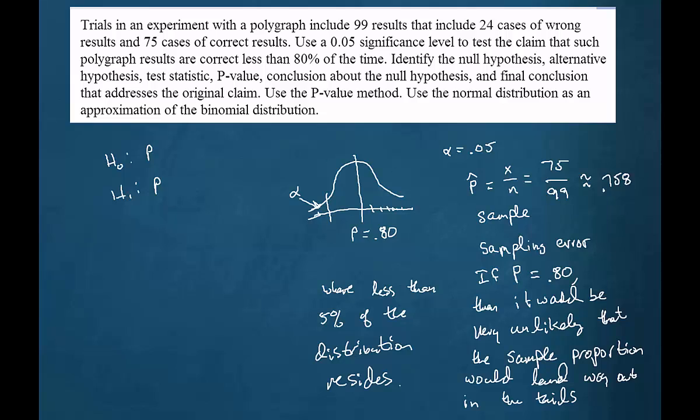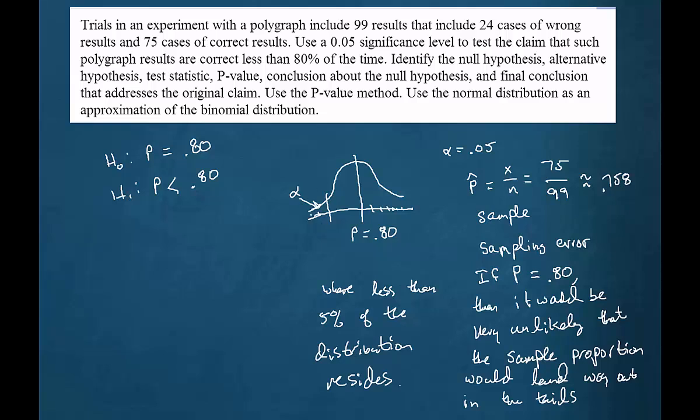And by drawing this picture, we actually are able to define these hypotheses because remember, the null hypothesis is what I would reject if I land down here in this rejection region. So our null hypothesis is going to be that p is 0.8, and the alternative hypothesis would be that it is less than 0.80.